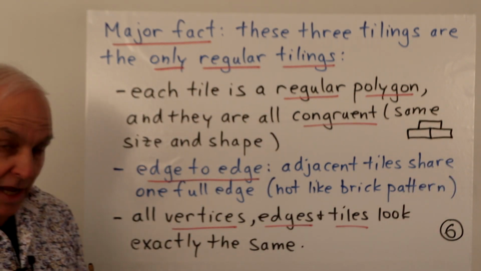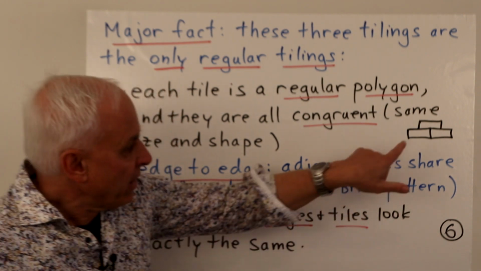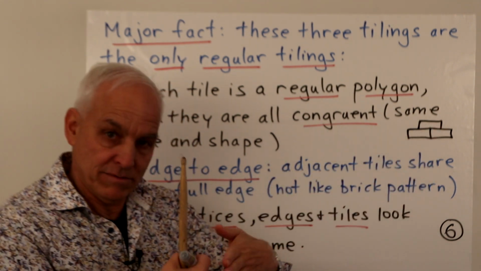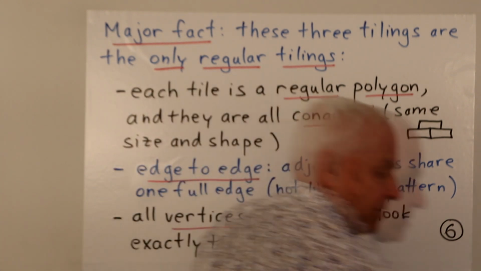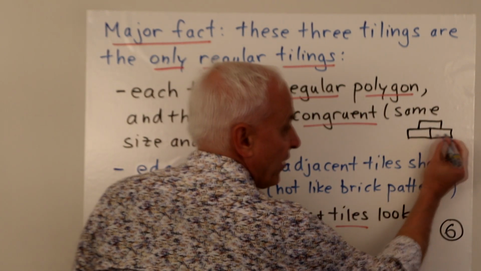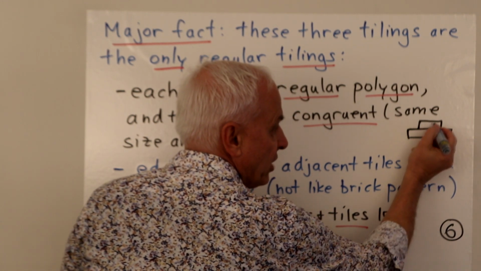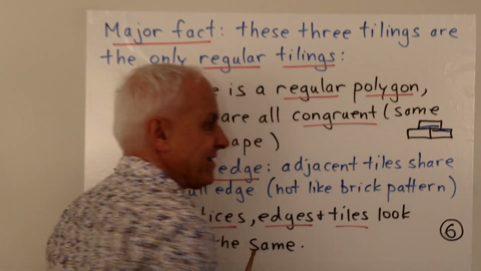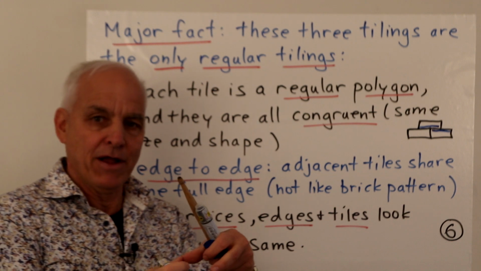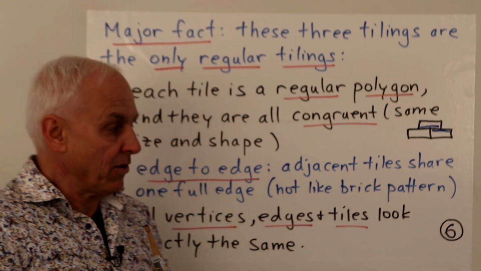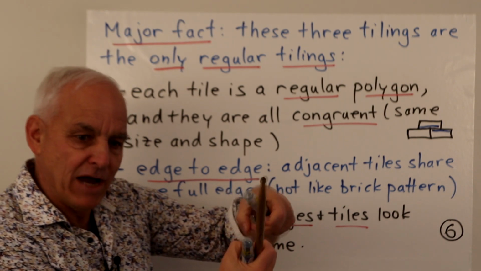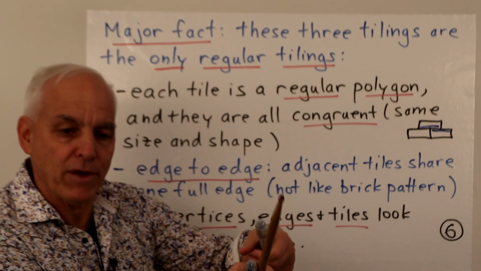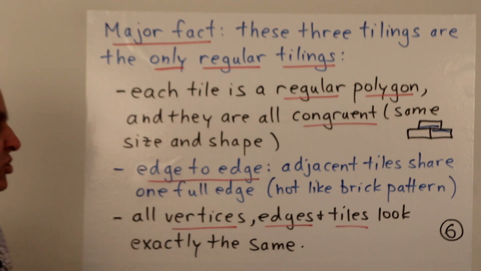This is not an edge-to-edge tiling because this tile and this tile are touching, but they're not sharing an edge. So the relevant edge of this one is that edge there, and the relevant edge of the top one is this one here, and they're not being shared. They're overlapping, but they're not identical. So if we exclude that kind of thing, we want the tiles to really touch coherently and fully, then that's what we mean by an edge-to-edge tiling.